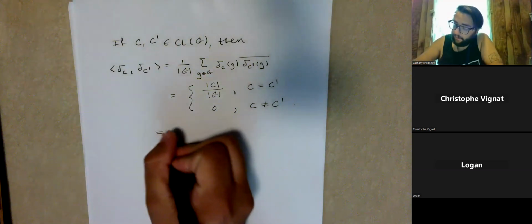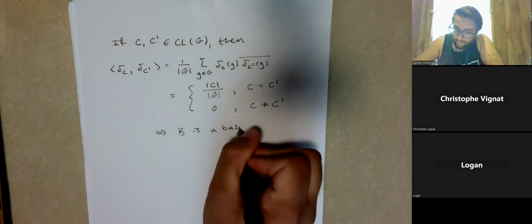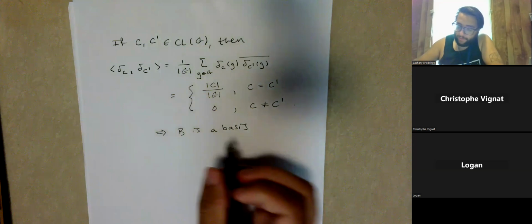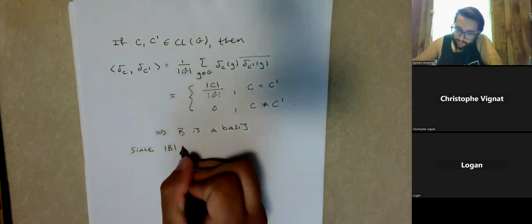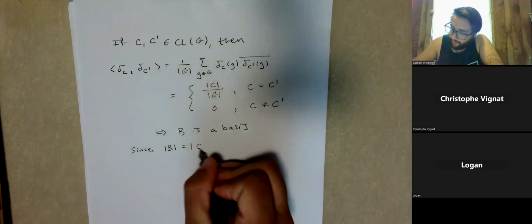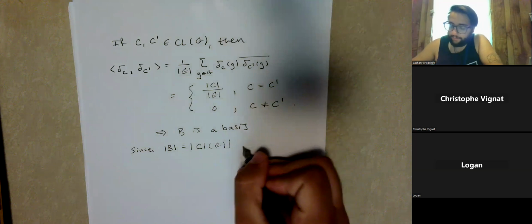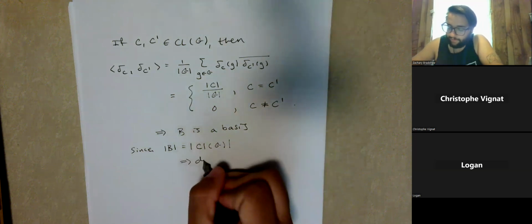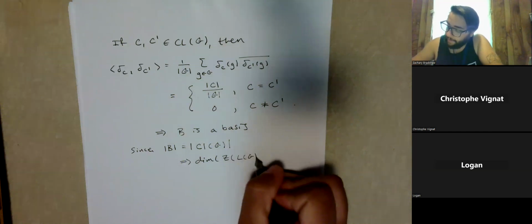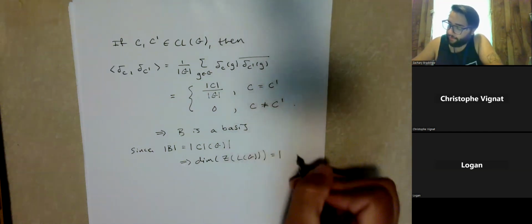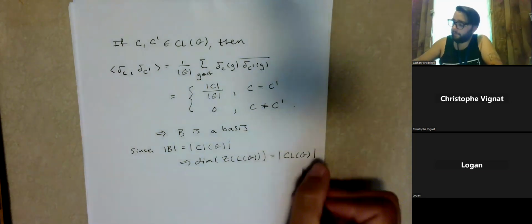And as a consequence, since the order of B is equal to the number of conjugacy classes, the dimension of the space of class functions is equal to the number of conjugacy classes.